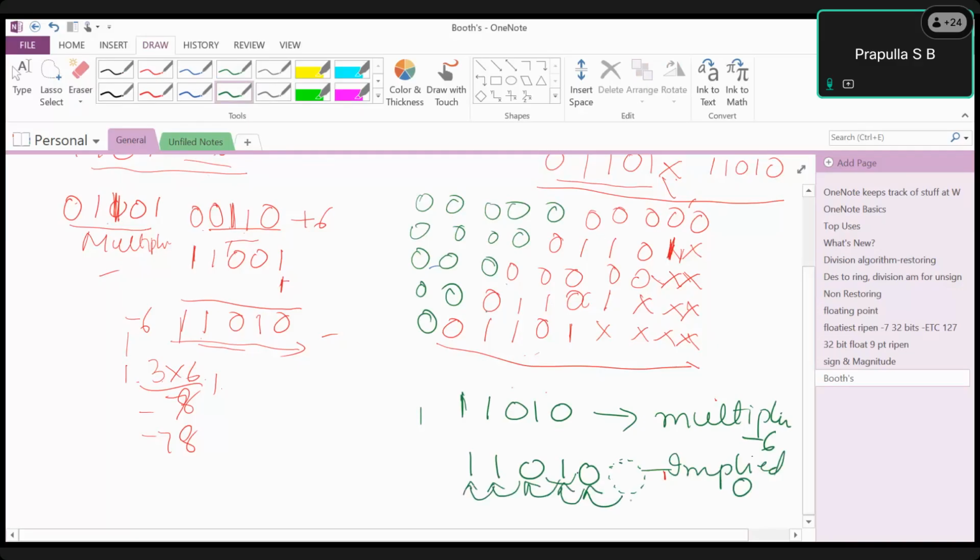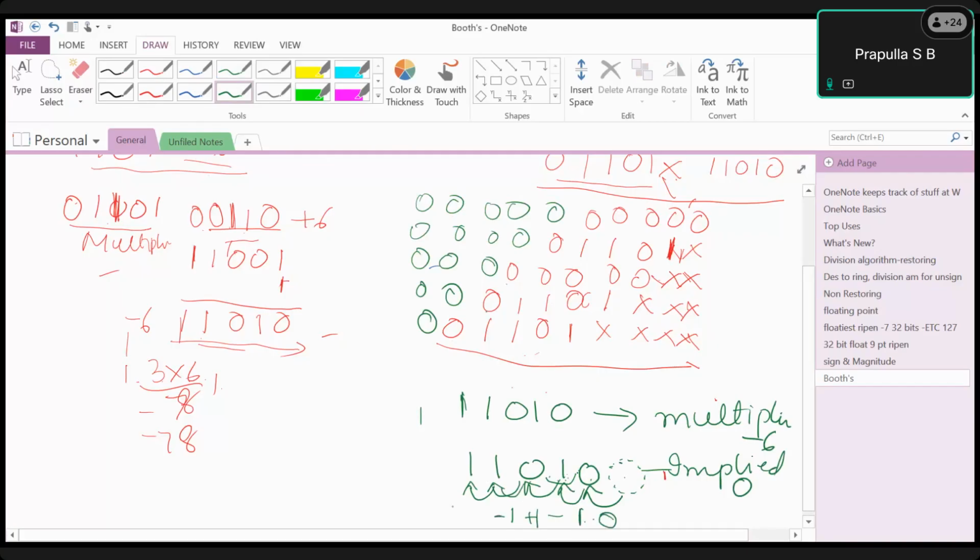Now write down the values. I told you the table: 0 to 0 was 0. Then the 0 to 1 transition was -1. Then 1 to 0 was +1. Then 0 to 1 was -1.